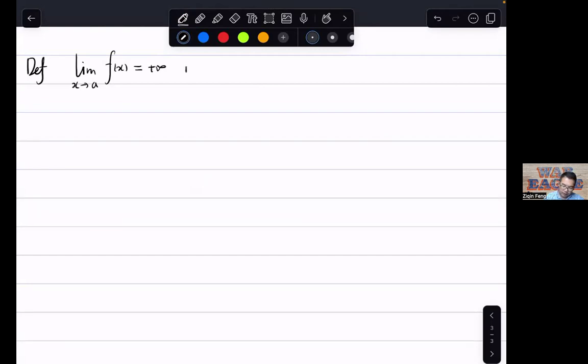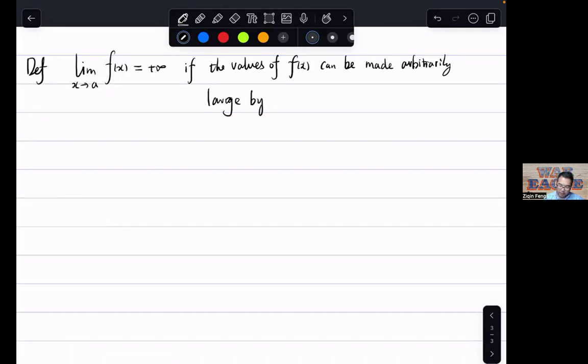So if the values of f of x can be made arbitrarily large. Right? Always you make your function value large or getting closer and closer to something by what?